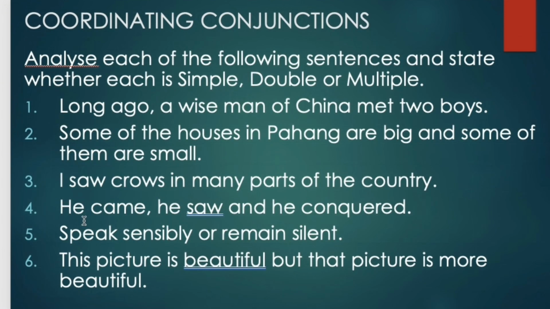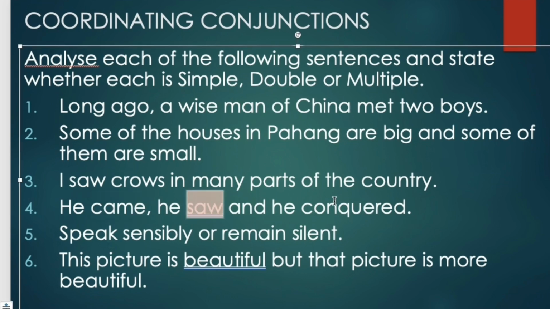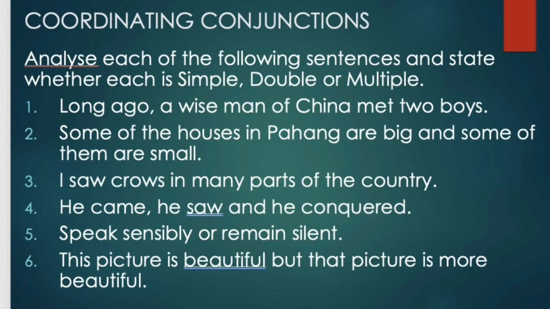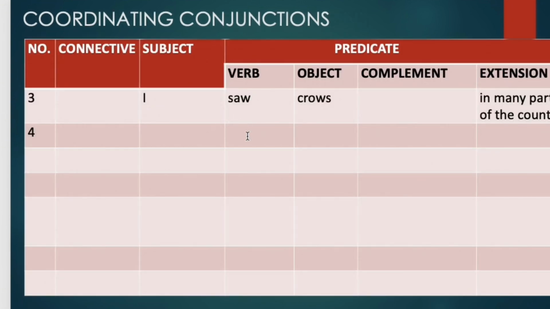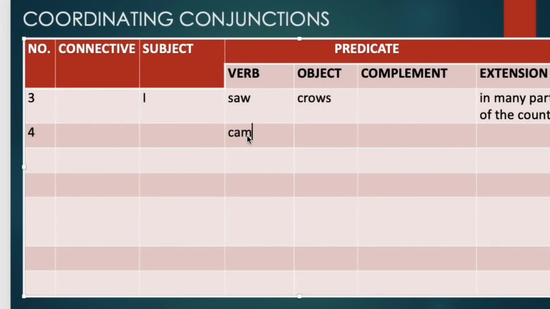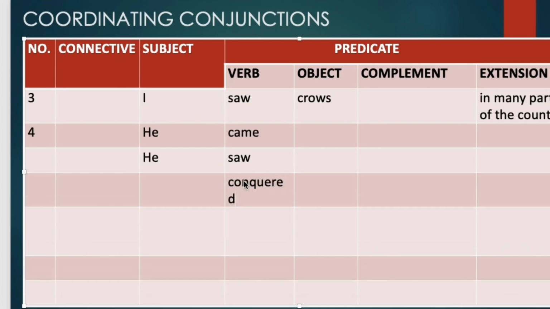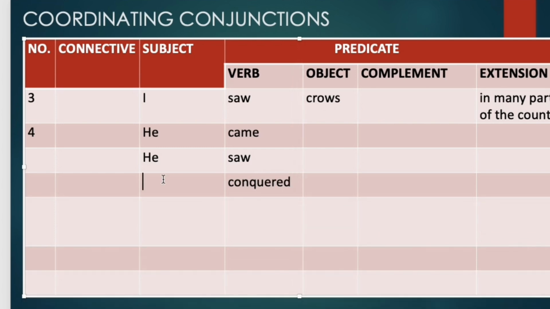Sentence 4. He came, he saw, and he conquered. So first we find the verb. There are 3 verbs here. Came, saw, conquered. So we analyze the sentence accordingly. Came. Subject, he. Saw. Subject, he. Conquered is the verb, and the subject is also he.